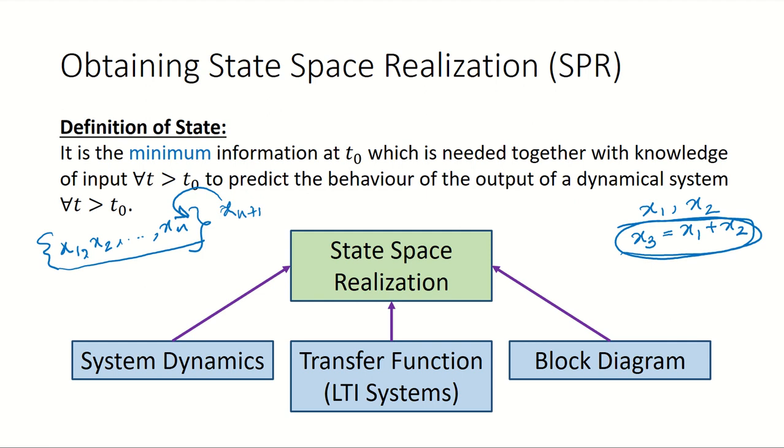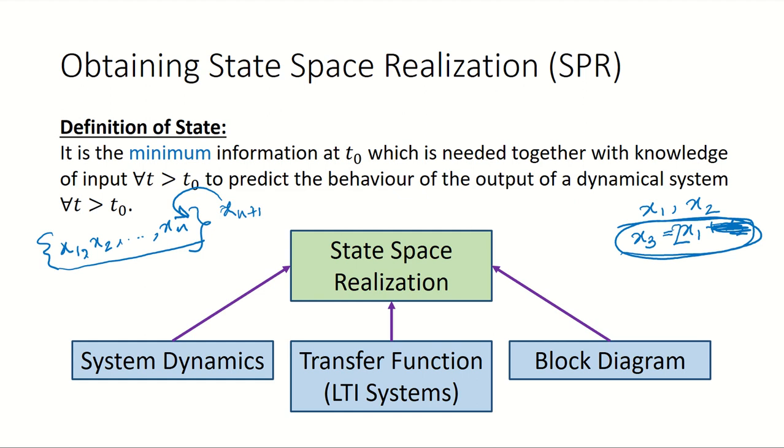So two things one needs to be careful about. No state variable must be dependent on any other state variable. Even if x3 is x1 plus x2, why x1 plus x2? Just x1. Then we don't need to repeat x3, right? If it is 2x1, then also we don't need to repeat x3, if the knowledge of x1 is sufficient.